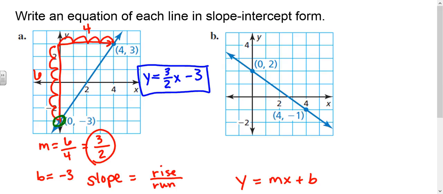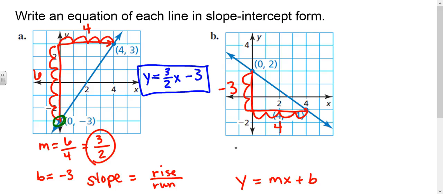Now for part B, what do you notice about the slope of this line? Is it positive, negative, 0, or undefined? It looks to me like it's going downhill, so our slope is negative. So when I rise, my rise is going to be going downward. I'm going to go down 1, 2, 3 spaces, so that's -3, and then I'm going to run 1, 2, 3, 4 spaces.